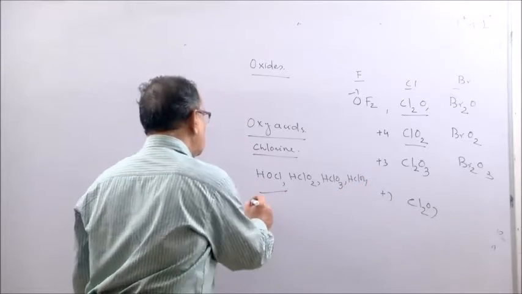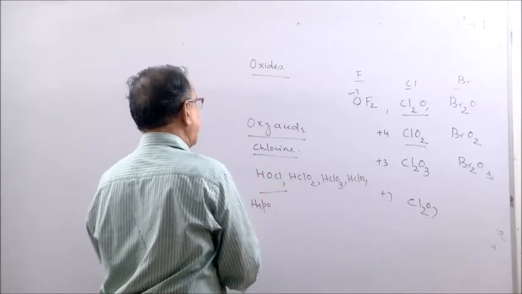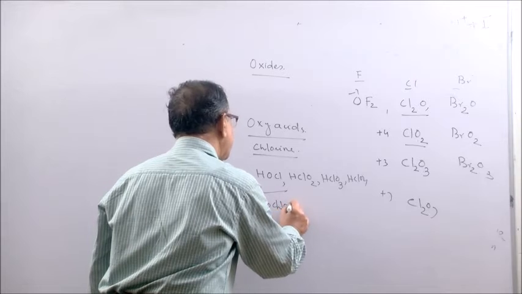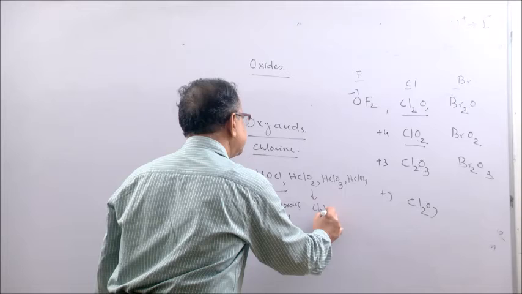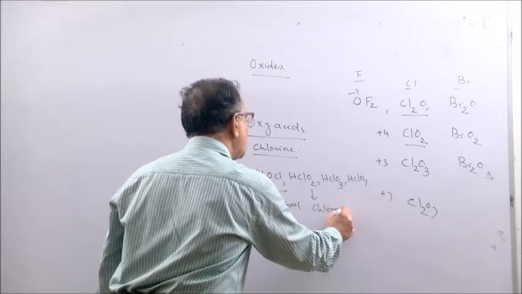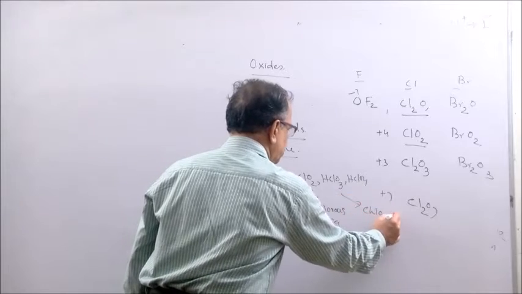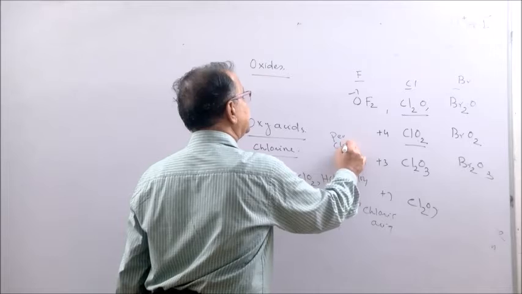They are called hypochlorous acid, the general hypohalous acid being HOX, then chlorous acid, chloric acid, and this is perchloric acid.